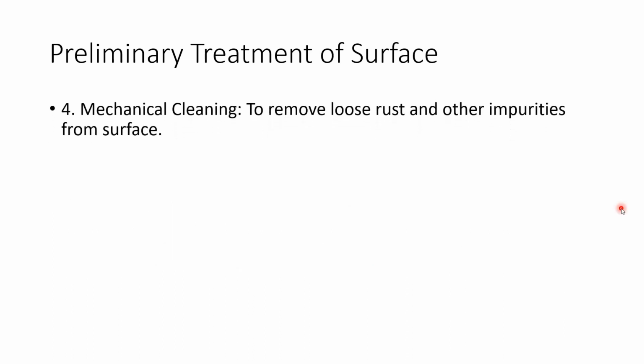Now we will go through the fourth point of preliminary treatment of surface, that is mechanical cleaning. As the name suggests, it is used to remove loose rust and other impurities from the surface.